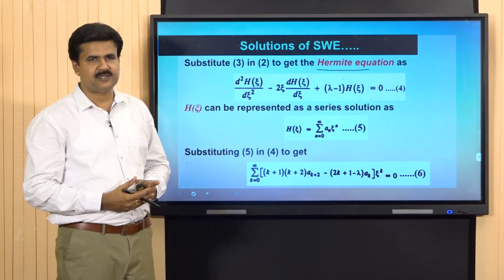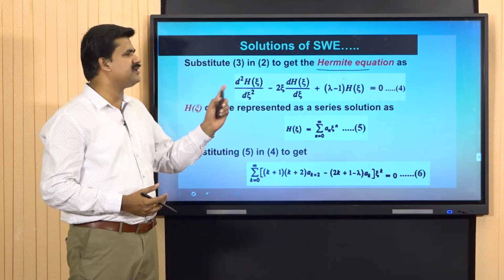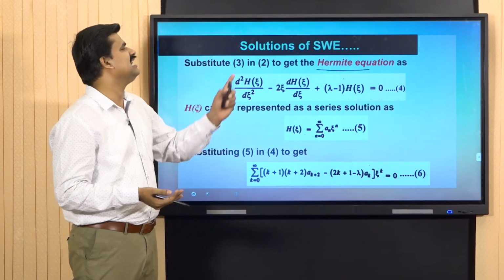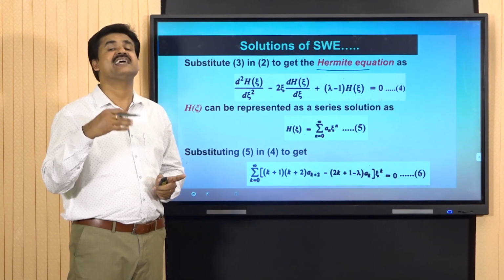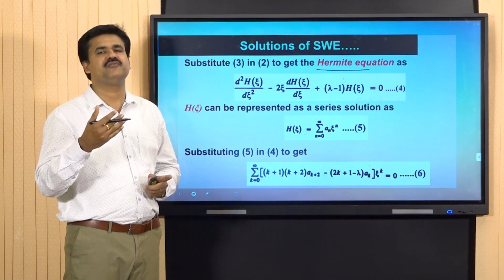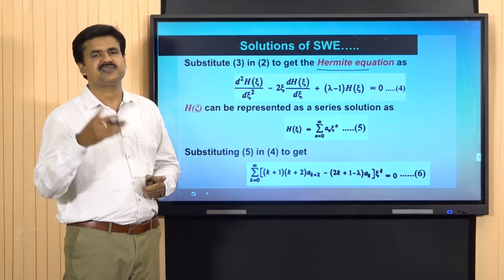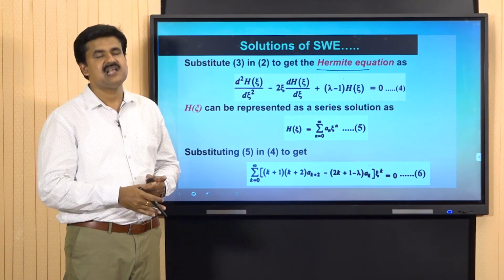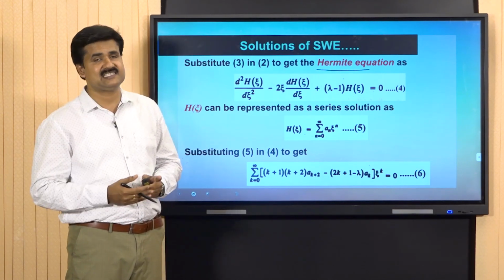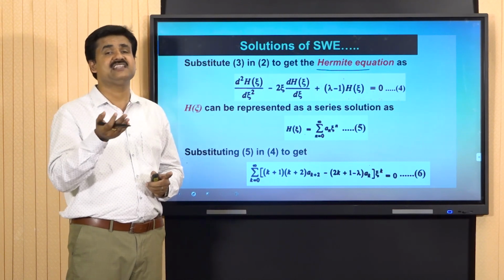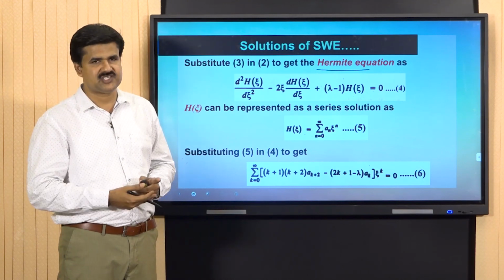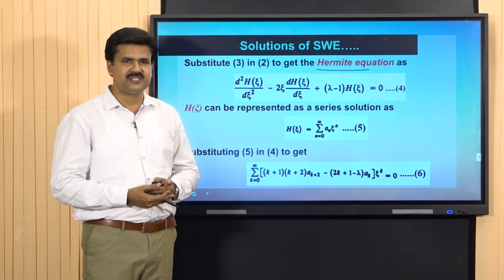We do this modification because the Hermite equations have direct solutions, and that solution appears in the form of a set of polynomials that are called Hermite polynomials. So to get the solution of the Schrodinger wave equation of 1D harmonic oscillator, we first modified that Schrodinger wave equation into one form of the Hermite equation, and this is that Hermite equation.